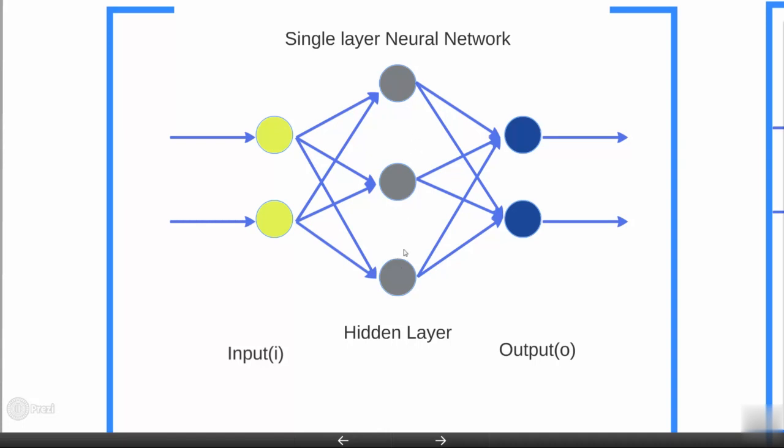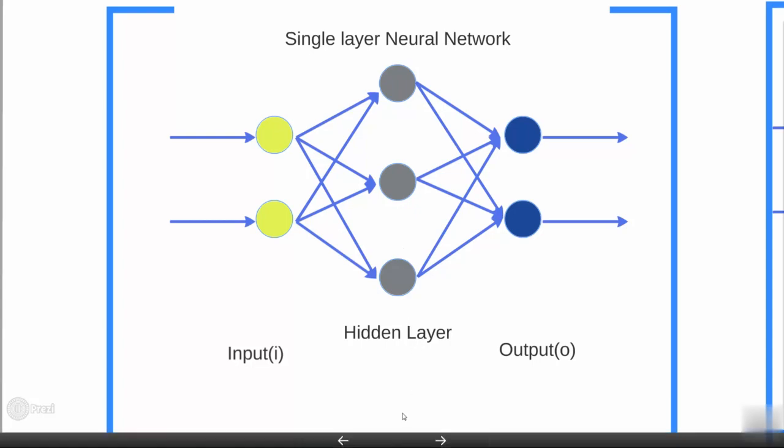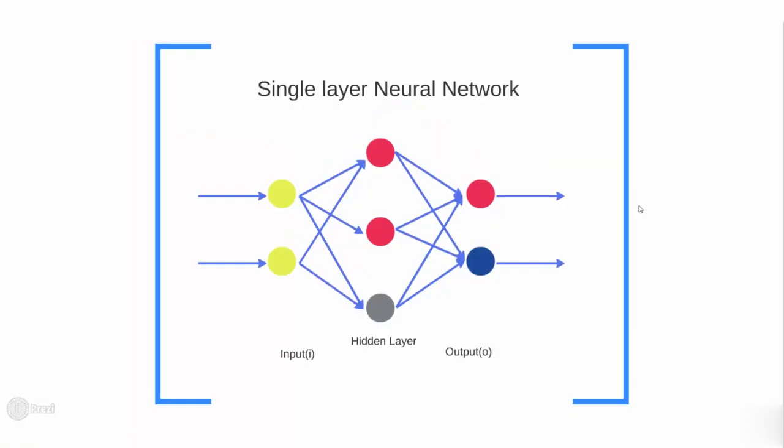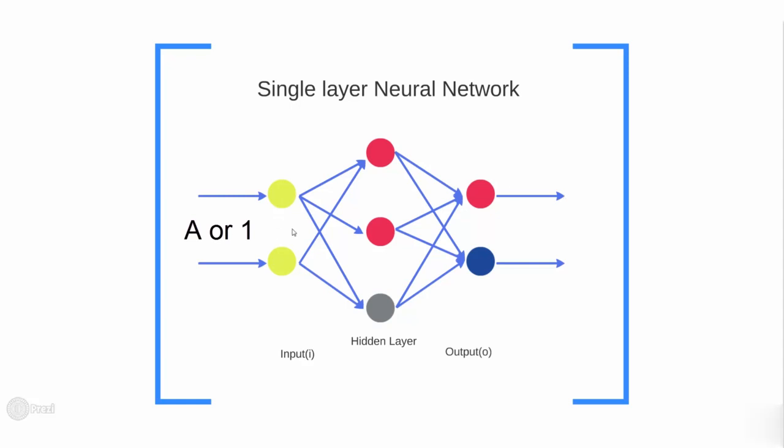Now that's what makes a single layer neural network. So we have three neurons here, so basically three perceptrons in one single neural network. All right. In order to understand how this really works, let's take a really simple example. Let's say that you feed this neural network an image as an input.